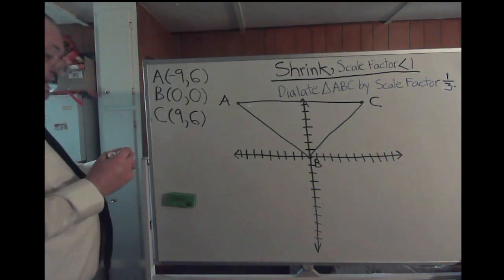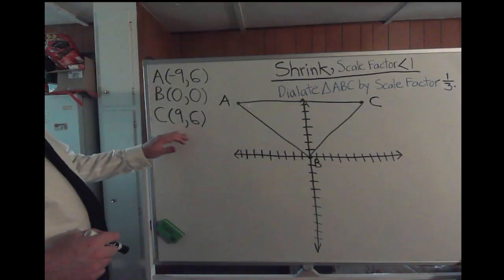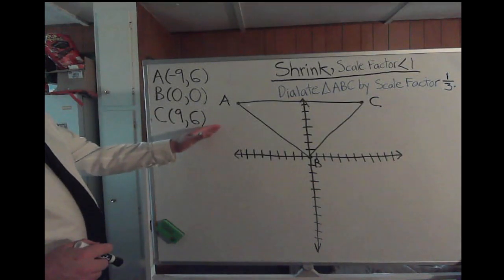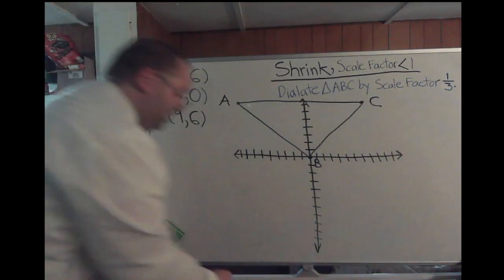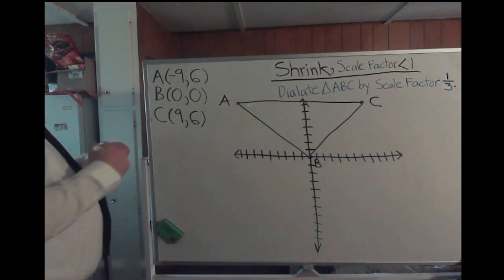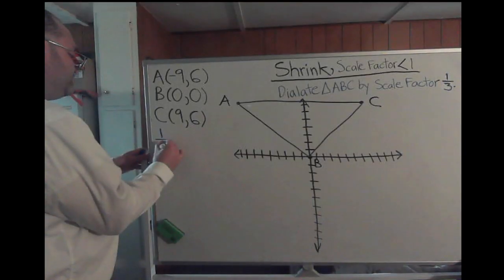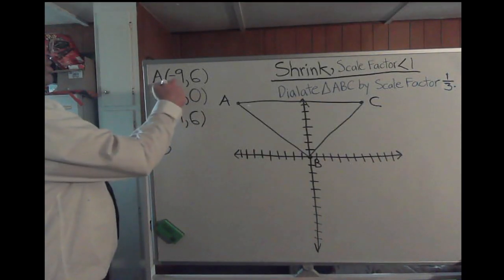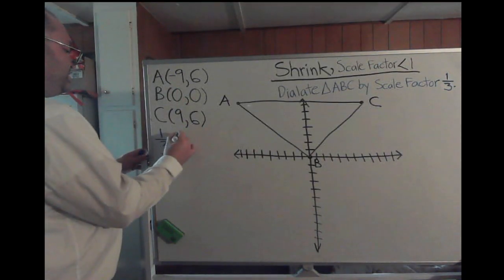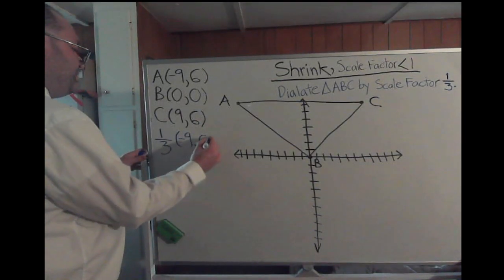Alright, well now we have listed our coordinates of the original triangle ABC. We want to do the dilation, or in this case the shrink, since the scale factor is less than 1. You're just going to take that scale factor of 1/3 and multiply each coordinate. So we'll start with coordinate A. We'll take 1/3 times -9, 6.